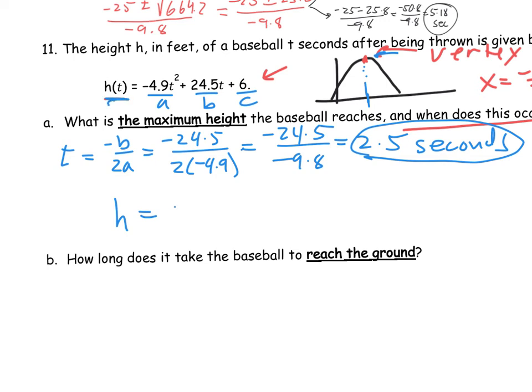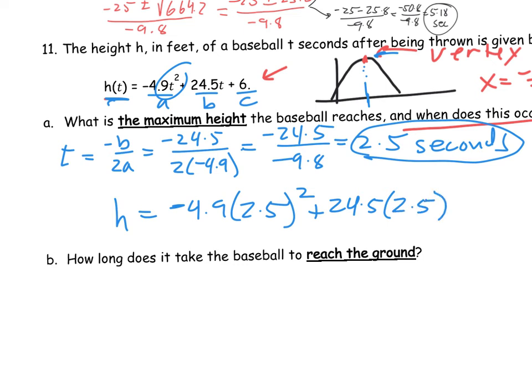You got to plug that 2.5 in. So negative 4.9 times 2.5 squared. Don't forget to square that. Plus 24.5 times 2.5. Let me try that again. And then plus 6. So just plug this whole thing into your calculator, just the way you see it.